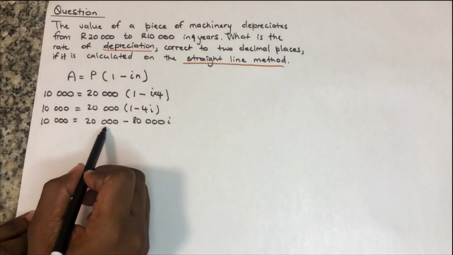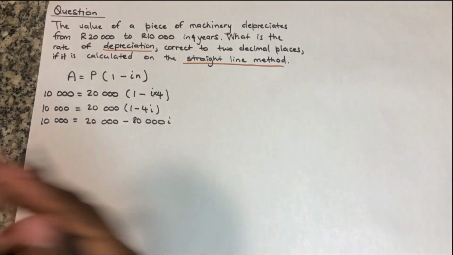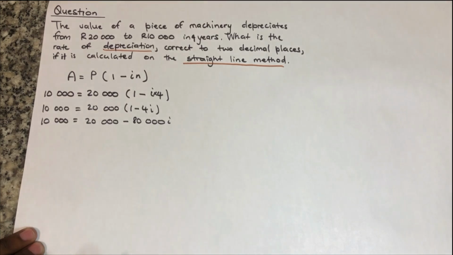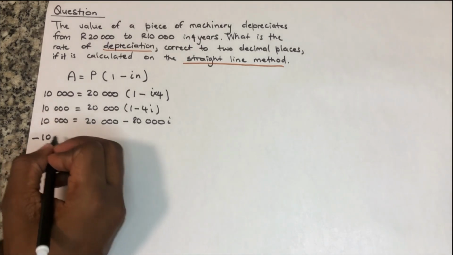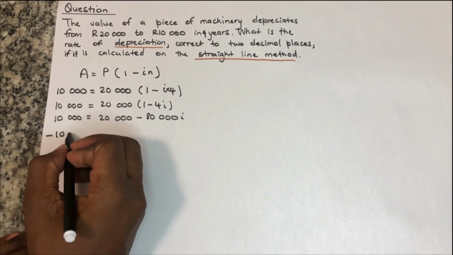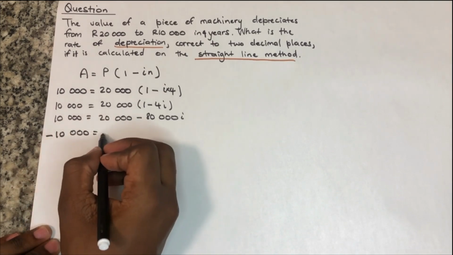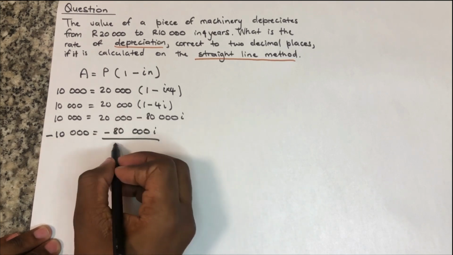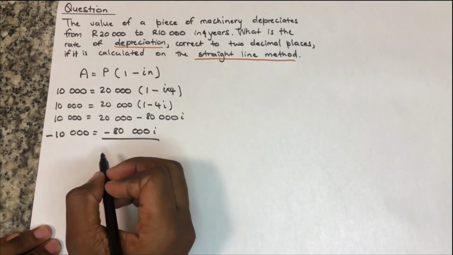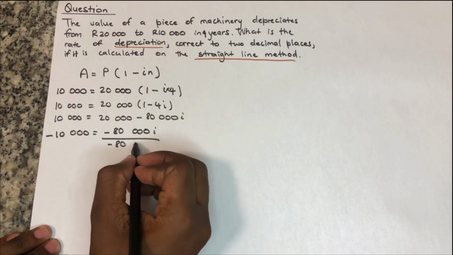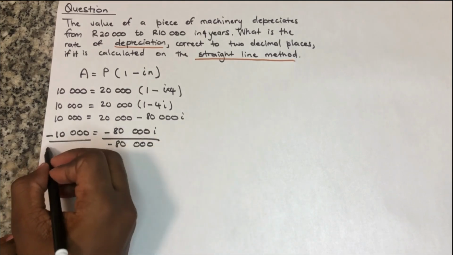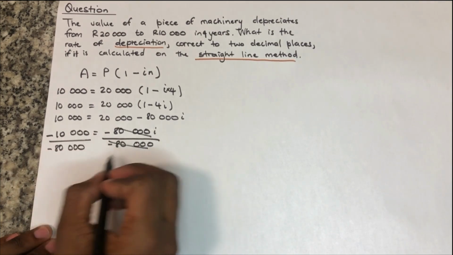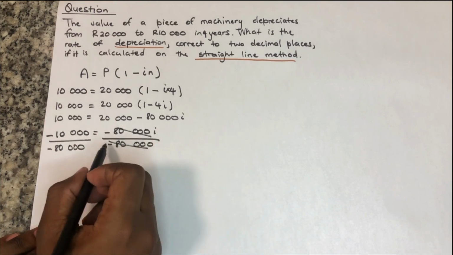Let's take 20,000 to the left hand side and change the sign, so it becomes negative 20,000. So 10,000 minus 20,000 is negative 10,000, equals negative 80,000i. So we divide by the coefficient of the interest, negative 80,000, on both sides.